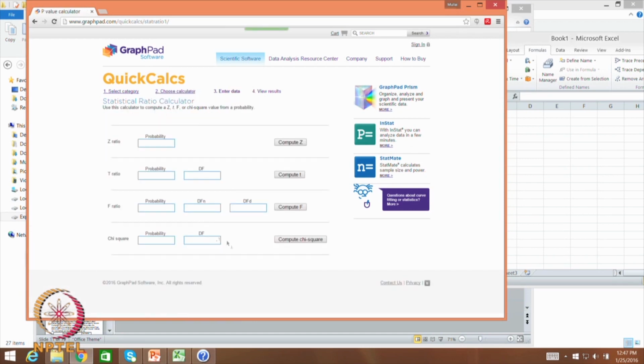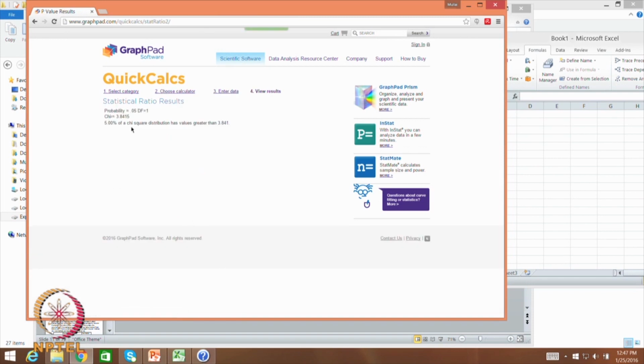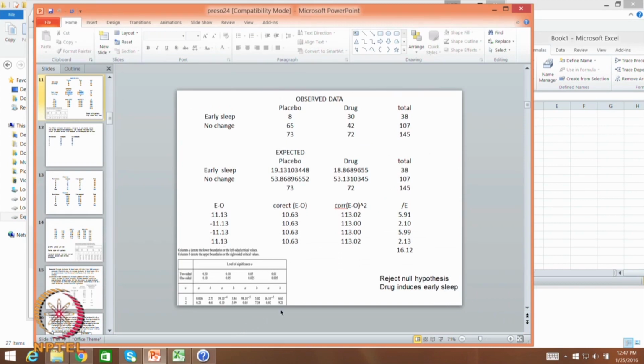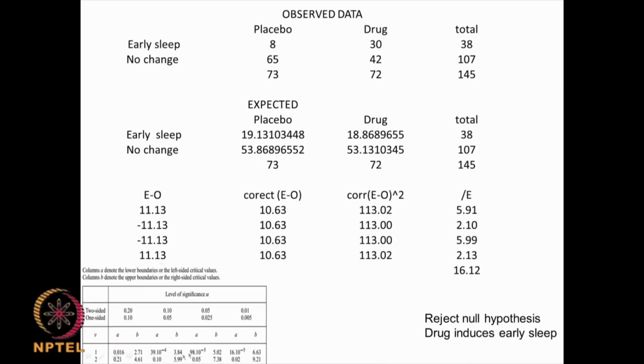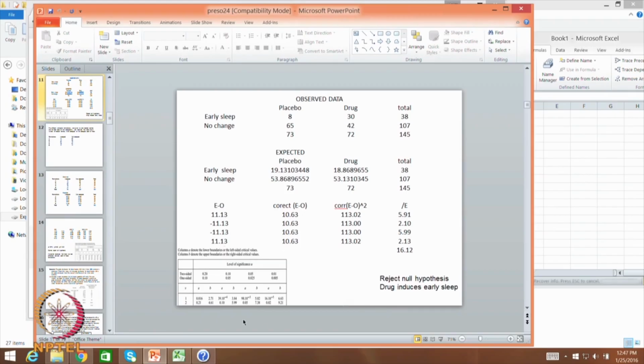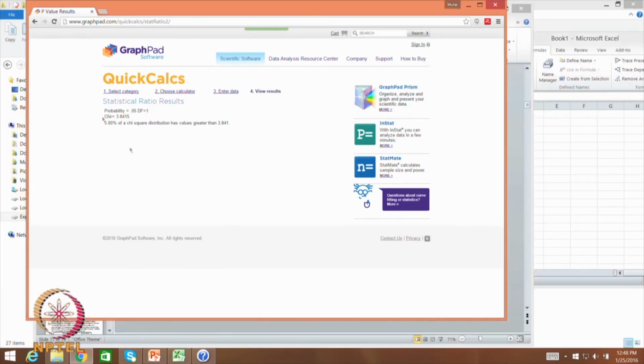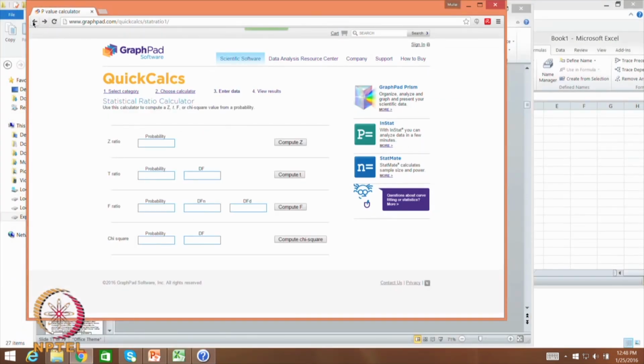Here we have the chi-square, give the probability 0.05, the degrees of freedom is 1. Compute chi-square, and it gives you 3.8415. If you look at the table here, it comes out to be 3.84. 16.12 is what you have calculated as the test statistic, so we can reject the null hypothesis in this particular problem.